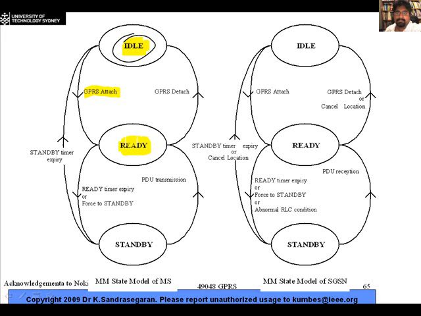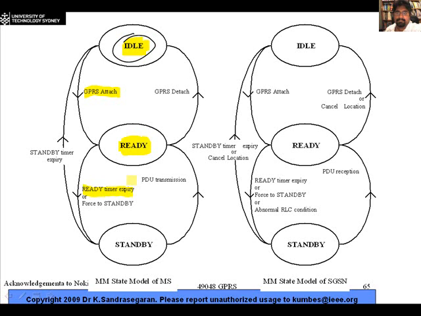In the ready state, you can start doing data transmission, or you can do a PDP context activation and so forth. Now, when you're in the ready state, you're consuming a bit of resources in the network. If you stay in the ready state for a bit of time and you haven't done a data transmission through a PDP context activation, you have something called a ready state timer expiry.